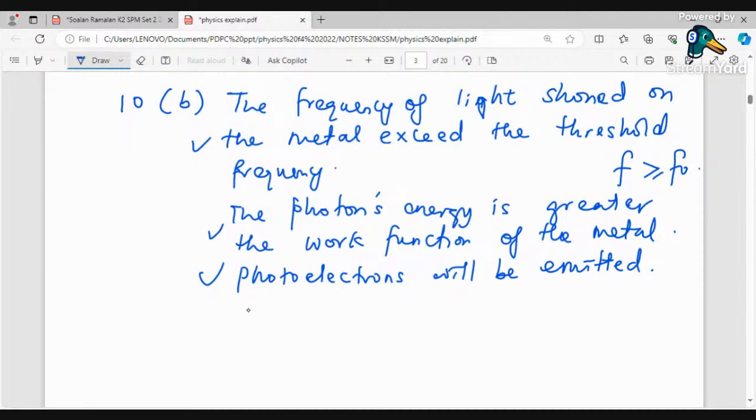Okay, kita teruskan lagi. Electrons will be attracted to anode.